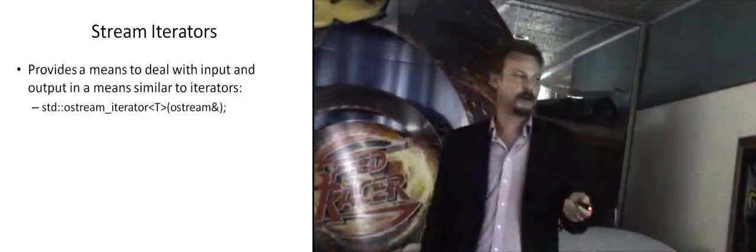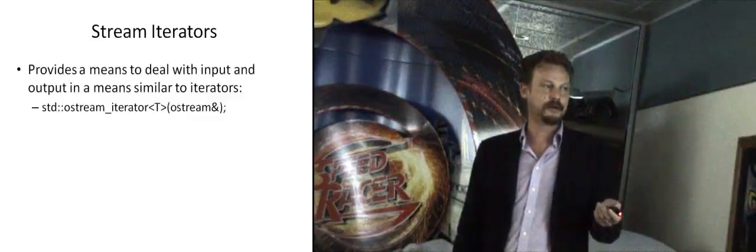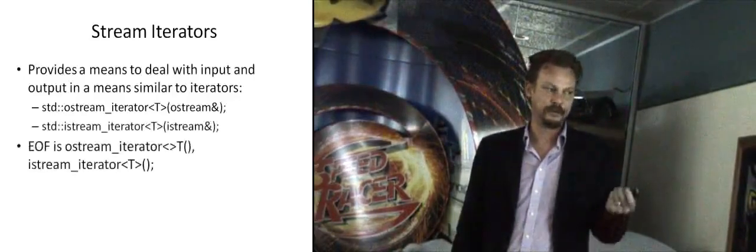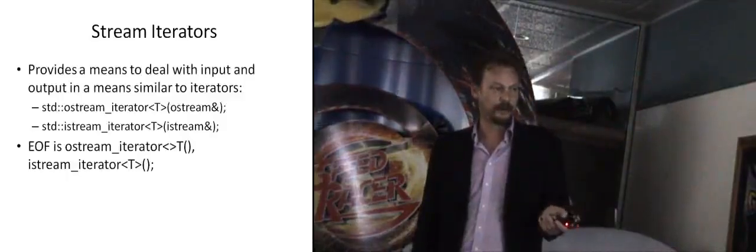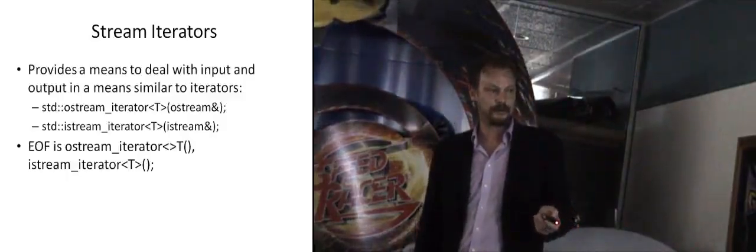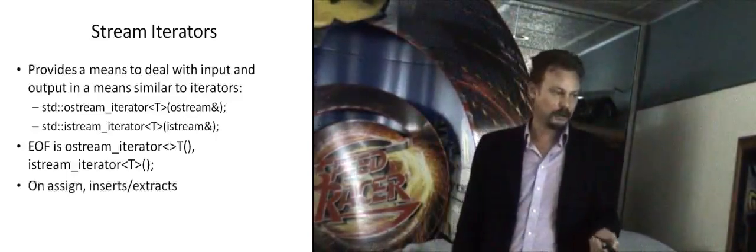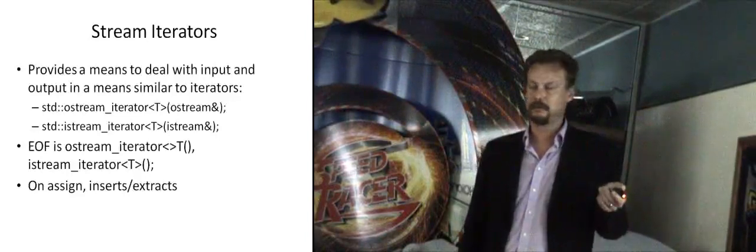This constructs an object which, when assigned to, will write a T into a given ostream that's stored as a reference. The end of file is specified by a default constructor. And when you assign to an output stream, it inserts into the stream that it stores.